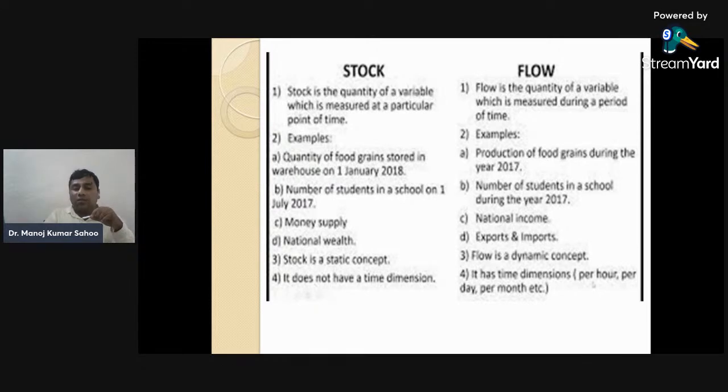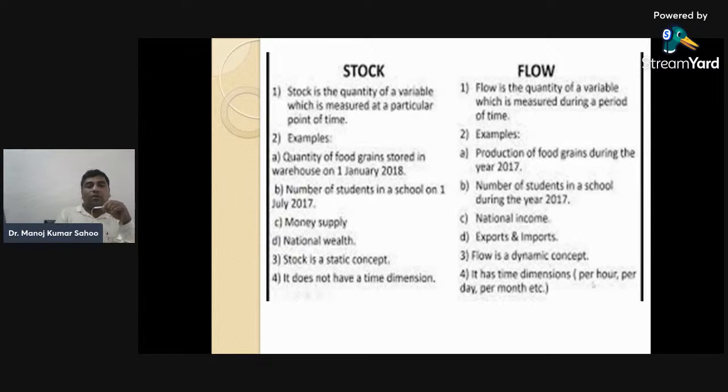Whatever food grains we have produced in the whole year, not a particular date, is the flow concept. Whenever a particular date is mentioned, that talks about the stock concept, whereas the whole year, the continuous thing, is the flow concept.